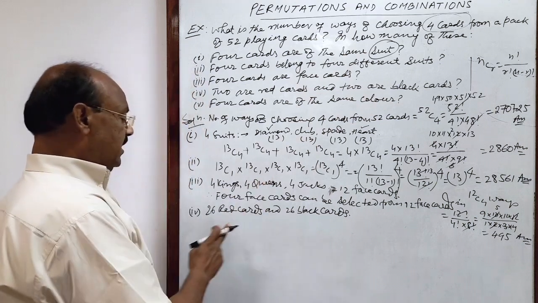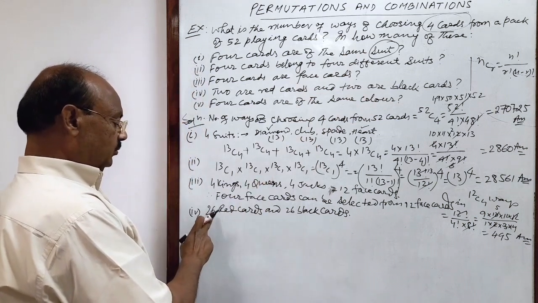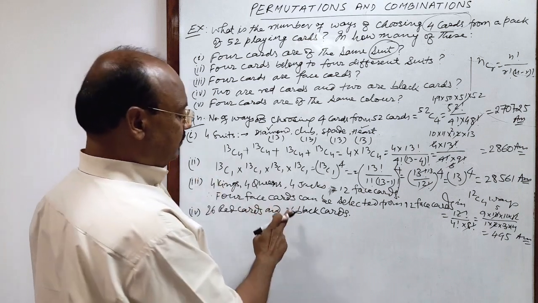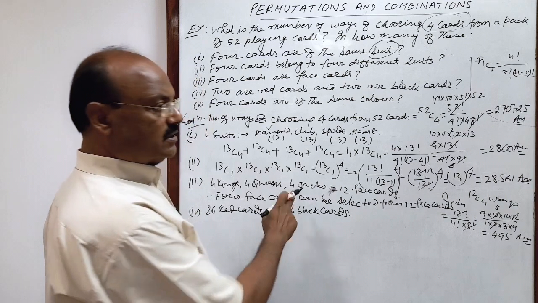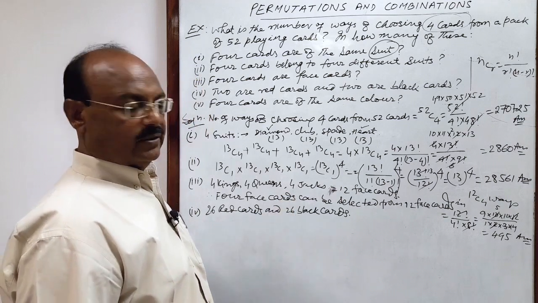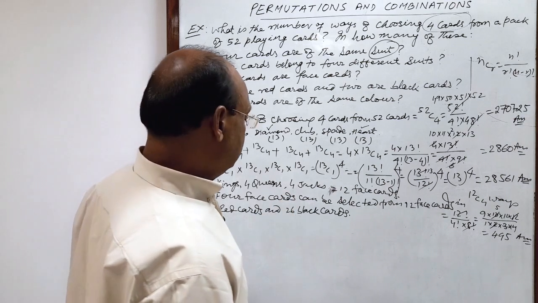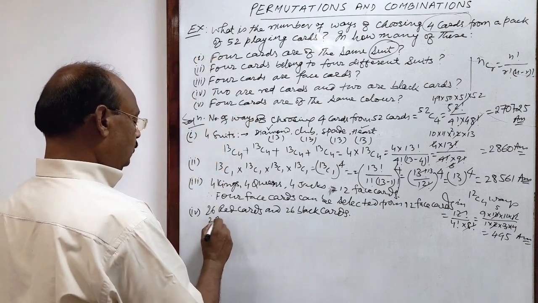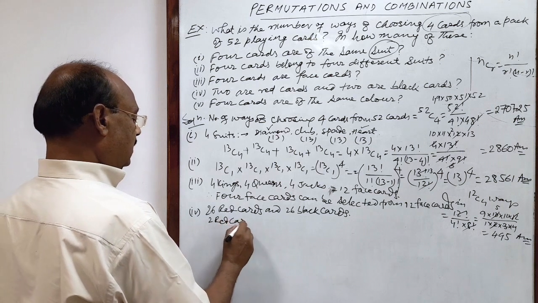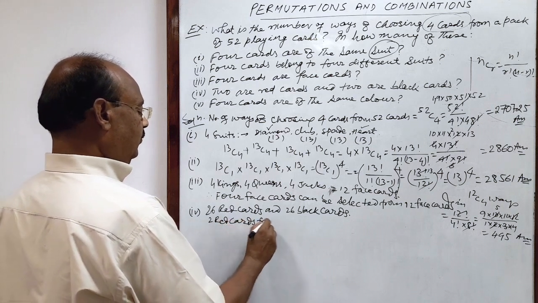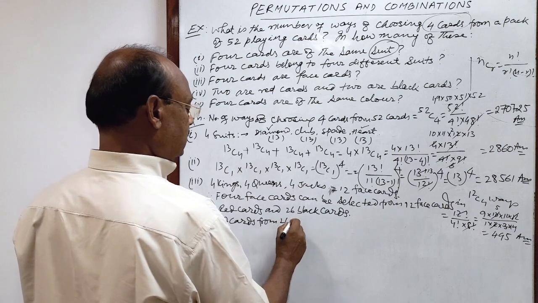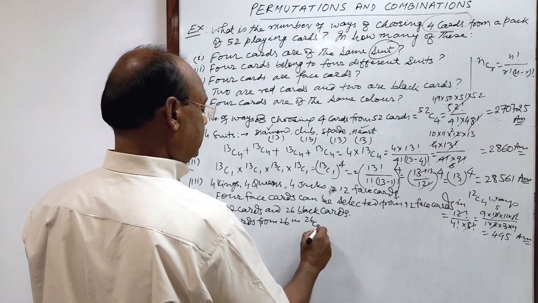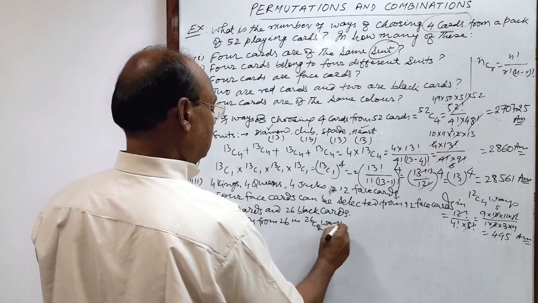So we have to select 2 red cards from 26 red cards and 2 black cards from 26 black cards. Okay, so in how many ways? 2 red cards from 26 in how many ways? 26 C2 ways.